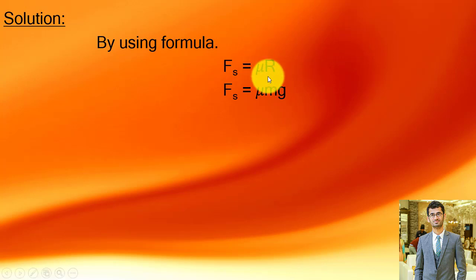So putting the values in this equation, we get Fs is equal to mu mg, where mu is the frictional coefficient, m is the mass of the object and g is the gravitational acceleration.